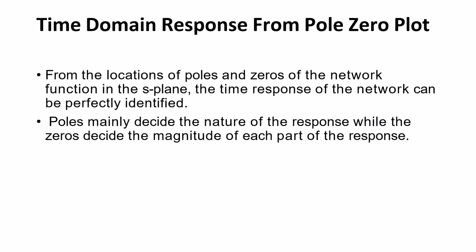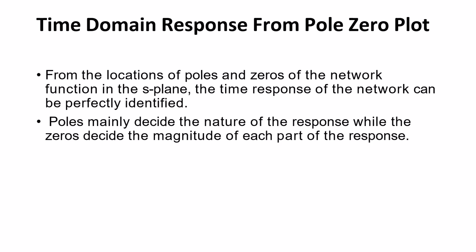In the previous slide, we have seen how, if the differential equation is given, to find the location of poles and zeros, and again, if the poles and zeros are given, how to get the differential equation. Now, in time domain response from pole zero plot, we can comment on the stability of the system.